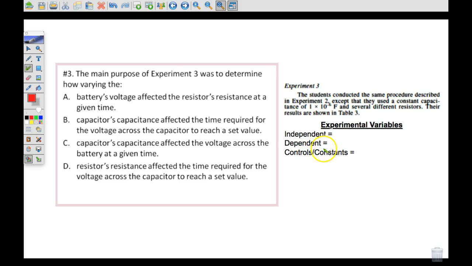Usually the easiest one to find is the dependent variable because that's what we're measuring, and that's usually pretty explicit. That's actually, as in experiment 2, the time, because they use the same procedure. So they're measuring the same result. But in this experiment, in contrast to experiment 2, they are using different resistors. So that's what they're testing. So the type of resistor is what they're testing.